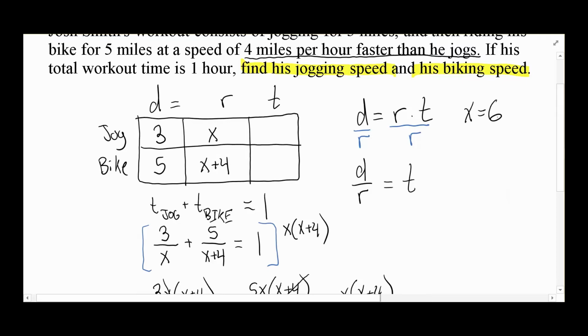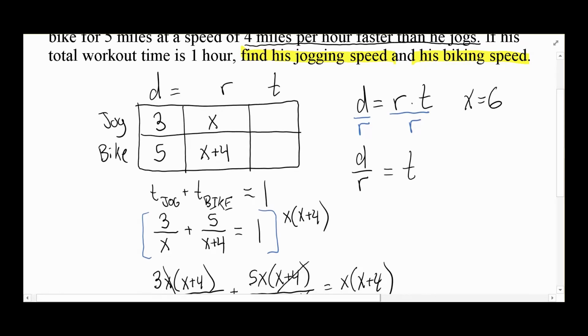We still need to actually answer the question that was asked of us. And we actually had 2 questions, to find the jogging speed and the biking speed. So we wanted the jogging speed and the biking speed. And this is, again, why we like to organize our information in a nice, smart way.